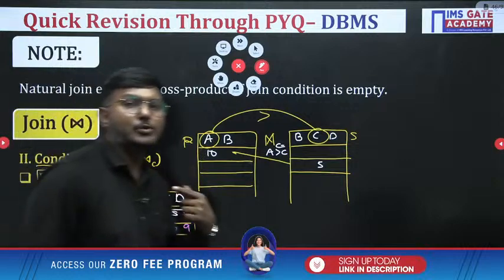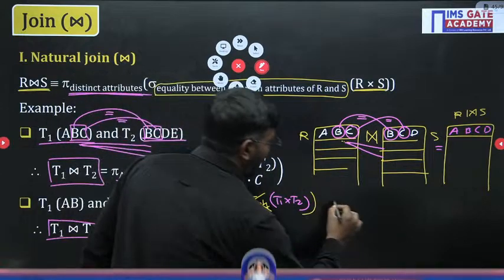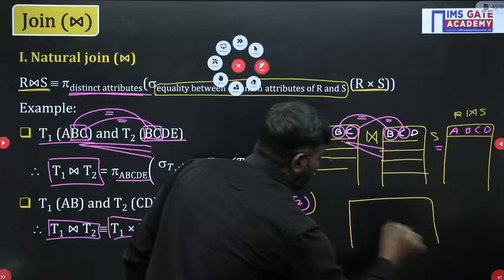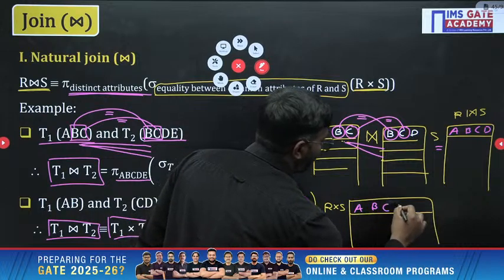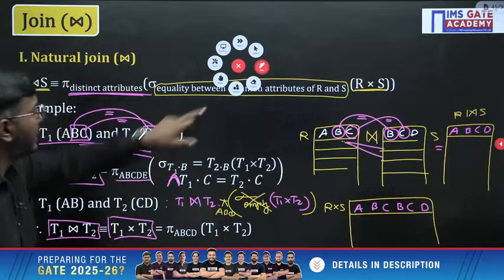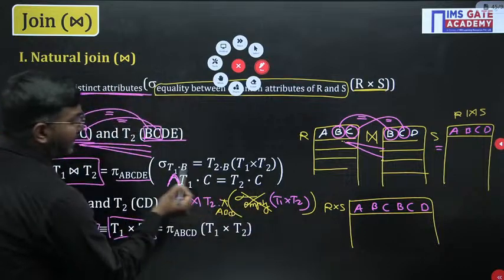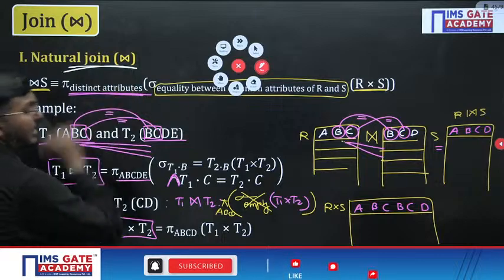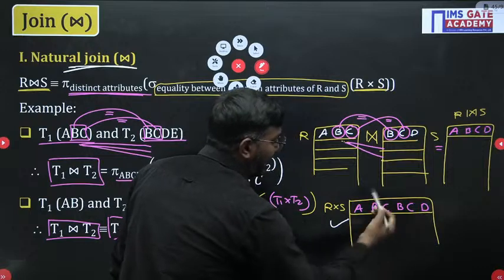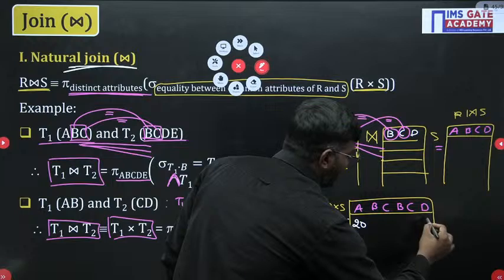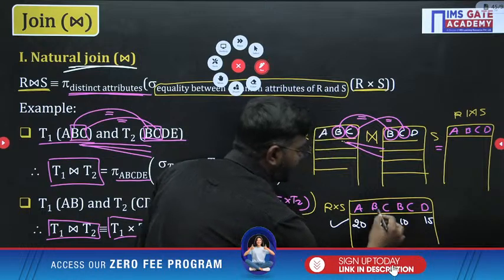Understood? Now in case of natural join, if you perform the cross product R cross product S, the attributes will be A, B, C and D. After the cross product, if you apply the condition in case of natural join, then it will only select the records with B equal to B and C equal to C. Like here, 10 and 10, and C equal to C means 7 and 7.